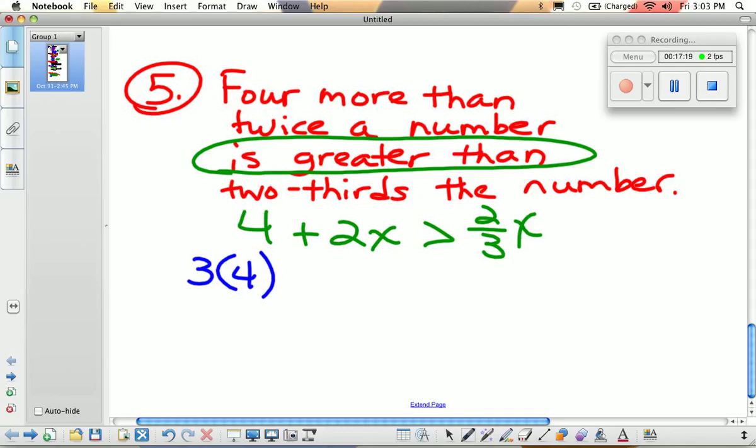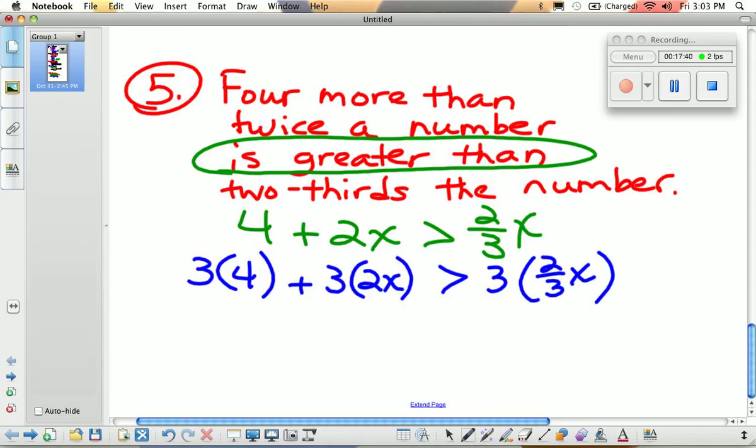So the 4 is going to get multiplied by 3. The 2x is going to get multiplied by 3. Remember, if you multiply or divide, you have to do it to all pieces, and we have 2 pieces on the left side, and then we're going to take this side times 3. Well, 3 times 4 is 12. 3 times 2x is 6x, because 3 times 2 is 6.